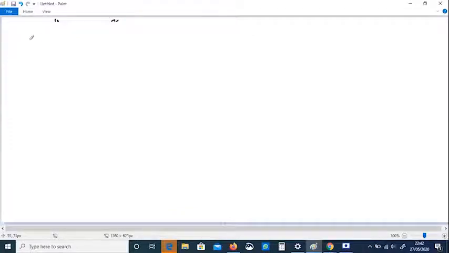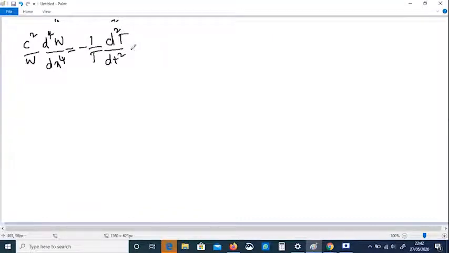So upon writing c square by w d to the power of 4 w by dx to the power of 4 equal to minus 1 by T d square T by dt square equal to omega square. So these are basically two equations. So we can write, firstly we will assume c square by w d4 w dx to the power of 4 equal to omega square.